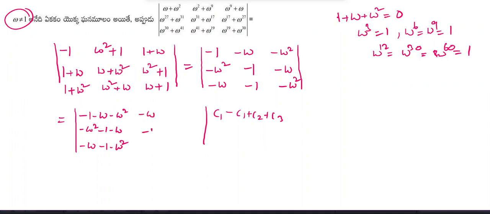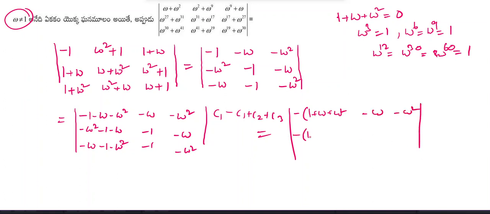Take minus common in this determinant: minus of 1 plus omega square minus omega square. Here also minus common: 1 plus omega square minus 1 minus omega. So this value is 0.